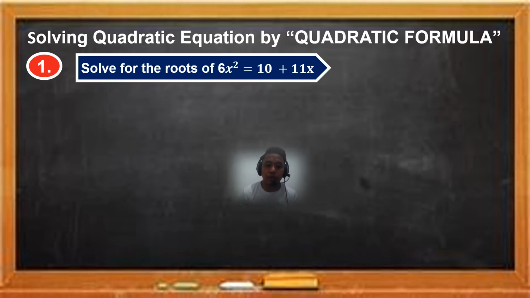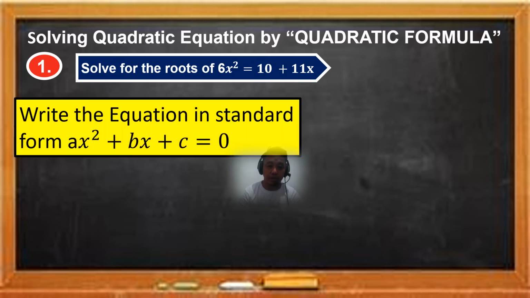Solve for the roots of 6x squared equals 10 plus 11x. Again, tinuro naman natin yun. Kailangan nasa standard form yung ating quadratic equation. Meaning to say, we're going to rewrite this equation into standard form, which is ax squared plus bx plus c is equal to 0. Okay?